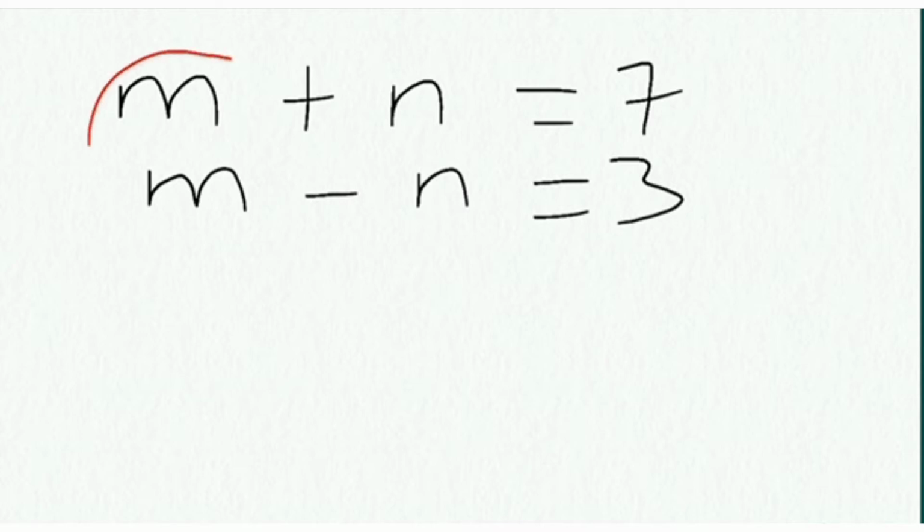Meaning you can make this one equal to 0 first, and then you look for n. When you have found n, that's when you can find m. Or you can make n equal to 0 and then look for m first. And then use the value of m to find the value of n.